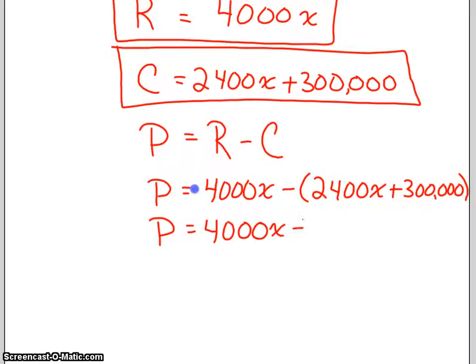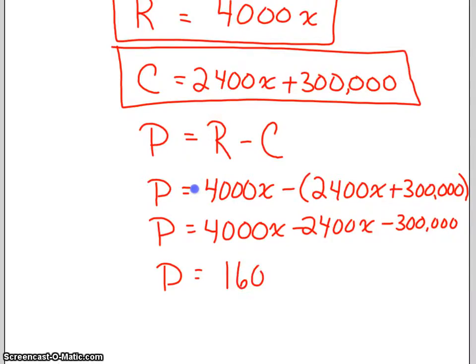So 4,000x minus 2,400x, and then minus 300,000. And we need to group the like terms. So 4,000 minus 2,400 is 1,600x minus 300,000.